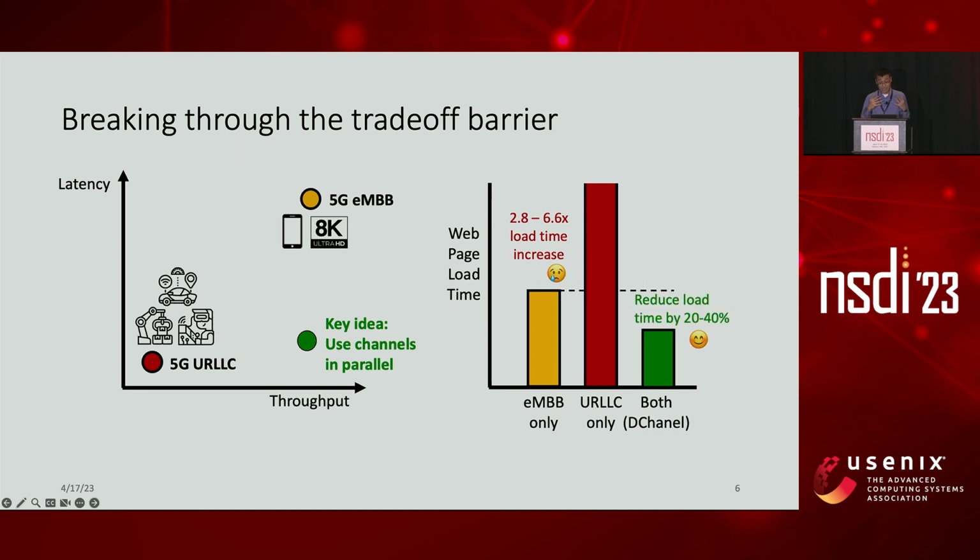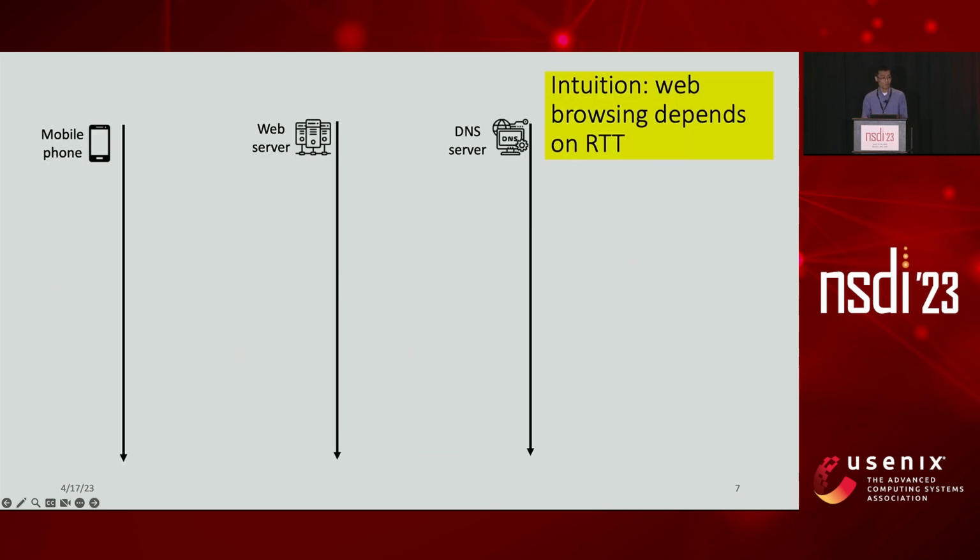However, if we combine those channels carefully, we can do much better than either channel alone, with 20 to 40% faster page load time. This is surprising given that the URLLC bandwidth is less than 1% of the eMBB.